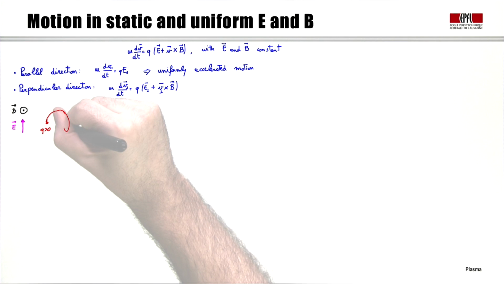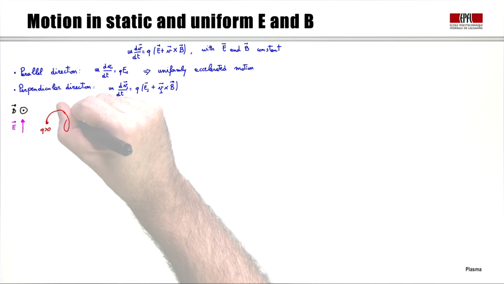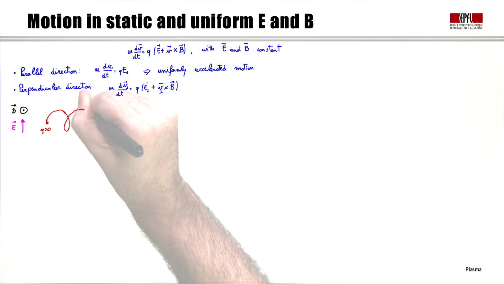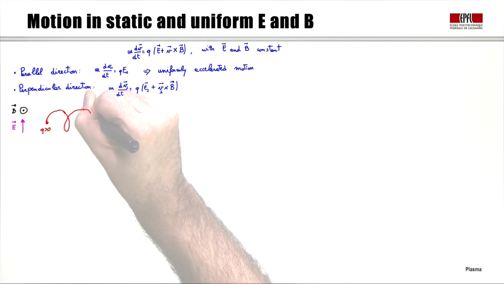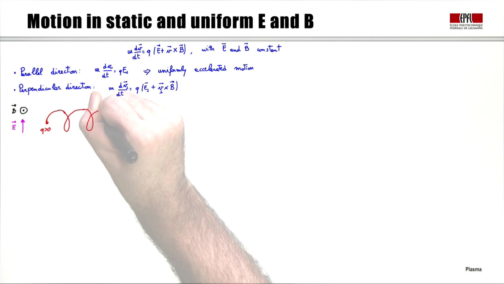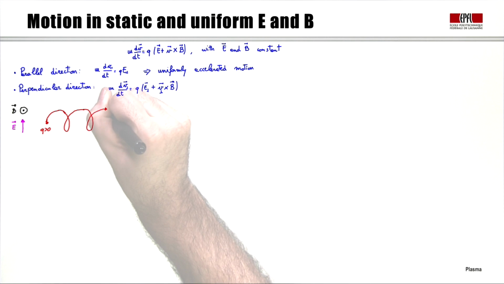Therefore, the particle, subject to the magnetic force, will turn this way, and then will be accelerated again in the direction of the electric field. Again, larger Larmor radius. Then the particle will move downwards. At the same time, it will be slowed down, and the Larmor radius will become smaller, and then the particle will come up. This will be the trajectory.